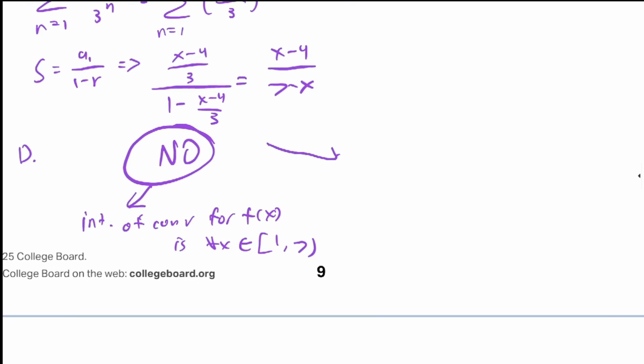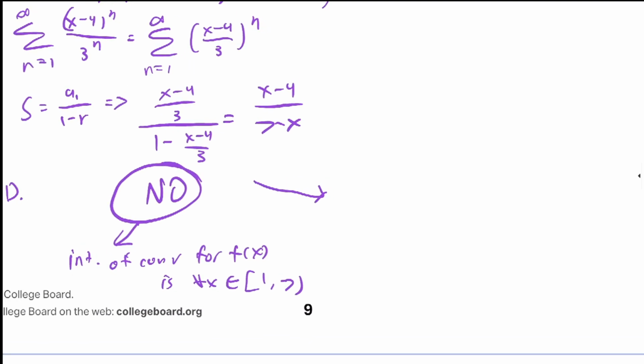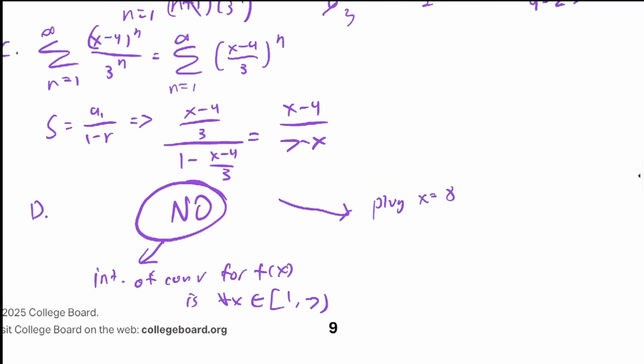And the other way you could write it is to simply plug in. What you would essentially do is plug in x equals 8 into the series of f prime, which is just the infinite sum from n equals 1 to infinity of ((8 minus 4) over 3) to the n.